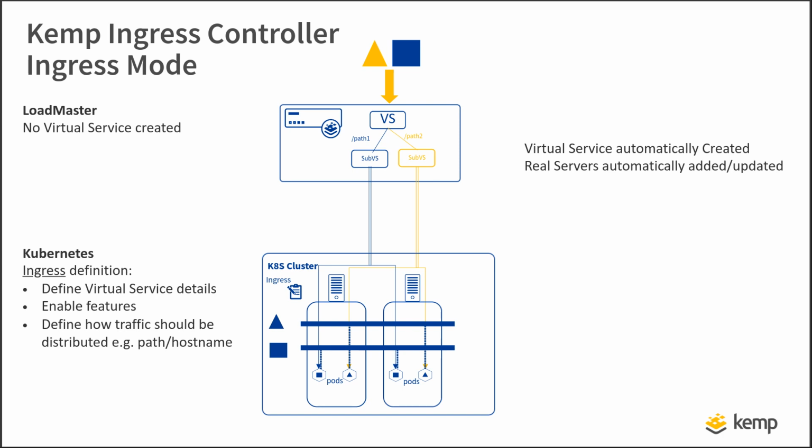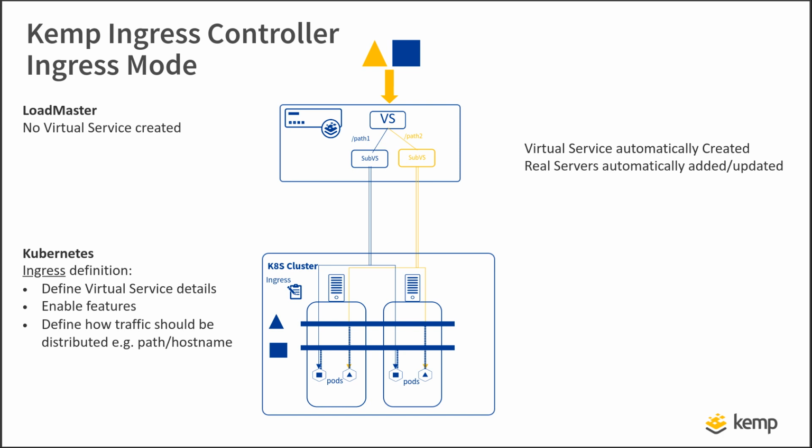Within that, you would have specific details, such as the IP address that's going to be published, the paths that will be sent to specific pods, and you can even add some advanced features on LoadMaster. And then on the LoadMaster, the virtual service is automatically created and the real server is automatically added and updated.